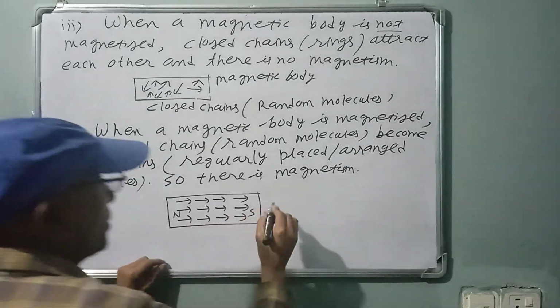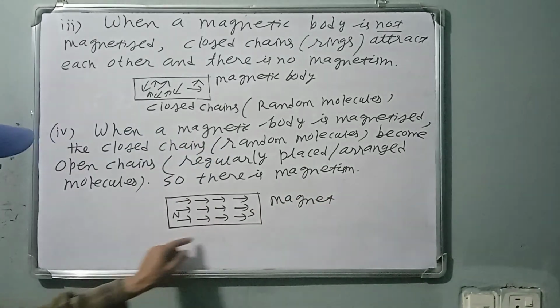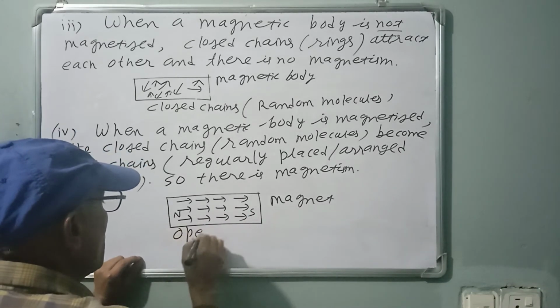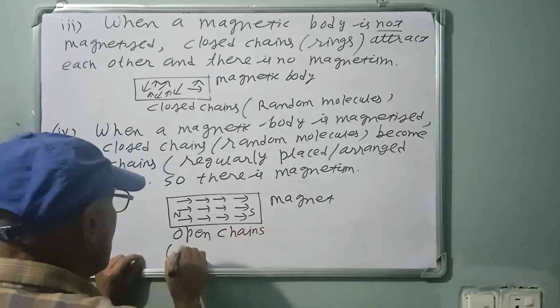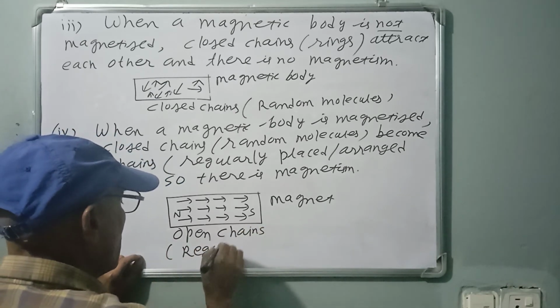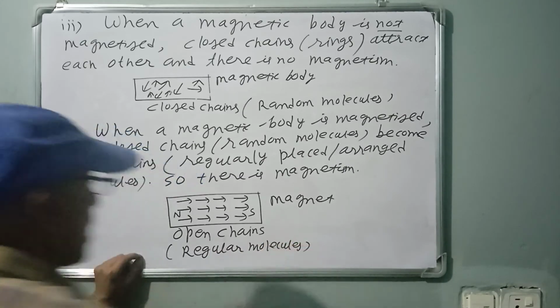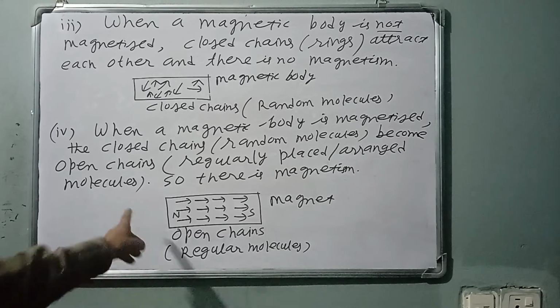What is this? This is a magnet. How do you know it is a magnet? Because all the molecules are now changed into open chains. Open chain means regular molecules. Now these molecules are free to attract and there is magnetic force.